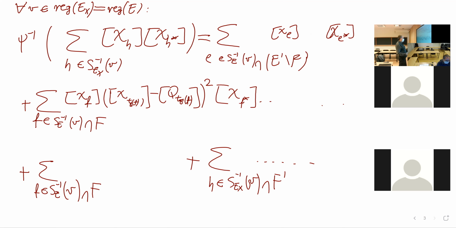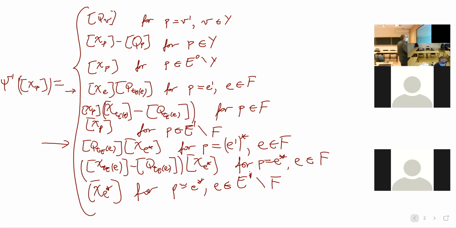But now this formula will also change, only in this respect, that here, instead of this difference squared, I will simply have QTF squared. Let's double check. Yes, this is just QTE and QTE. And now it will be sandwiched between chi-E and chi-E star.